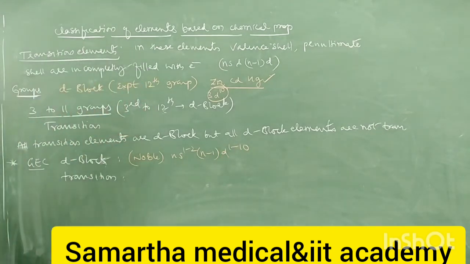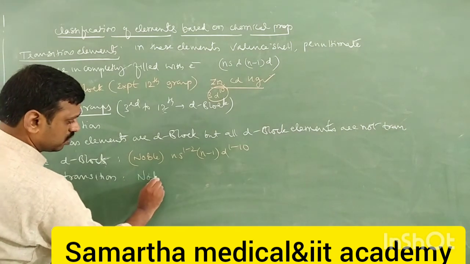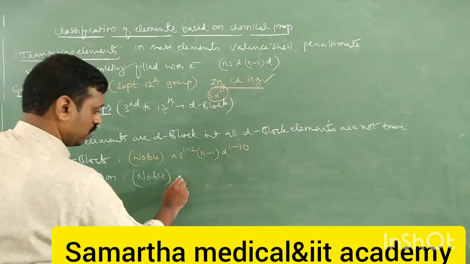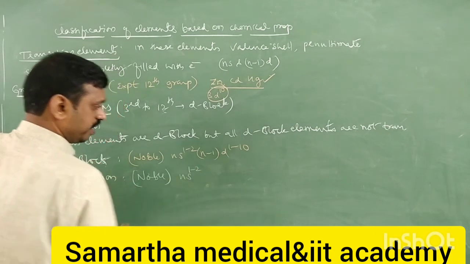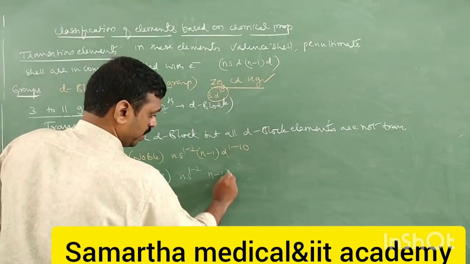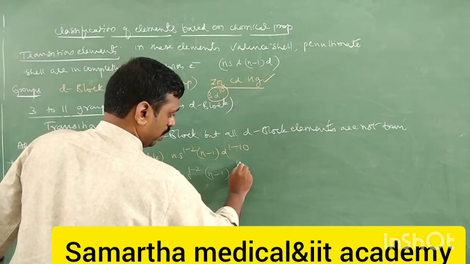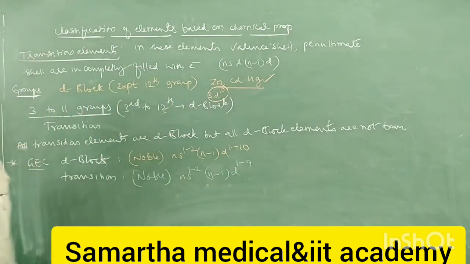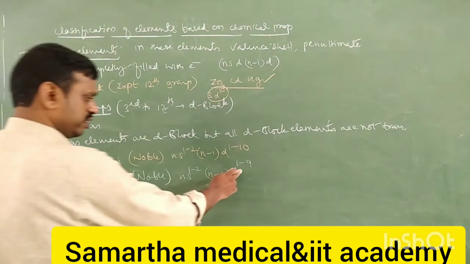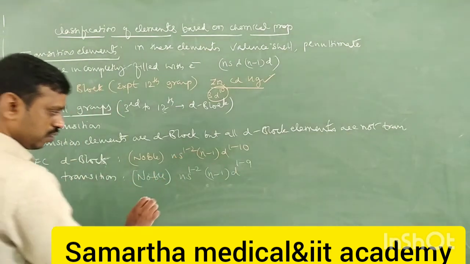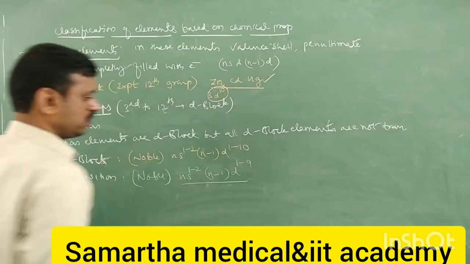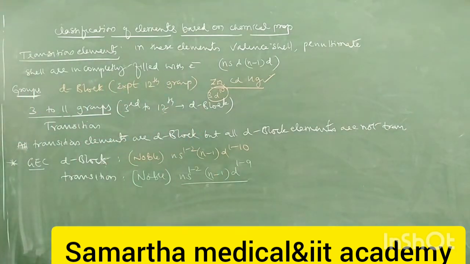Then what about transition? Noble gas ns1 to 2, (n minus 1)d1 to 9. In some books they have given it just similar to D block, but that is not correct. This is right: (n minus 1)d1 to 9.